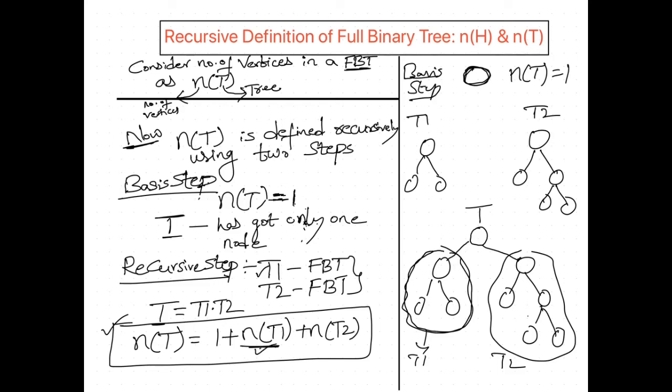Now n of T2 gives the number of vertices here in this region. And what else is left? The root is left. So for that root I am writing 1. That is the recursive definition of the number of vertices of a full binary tree.